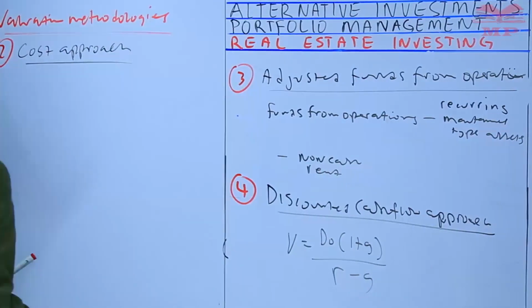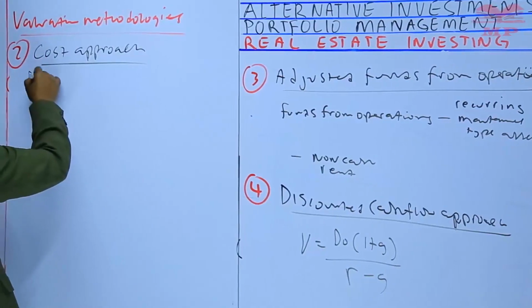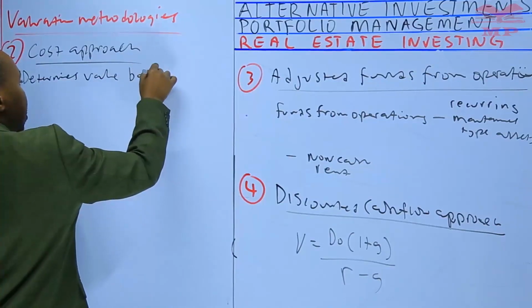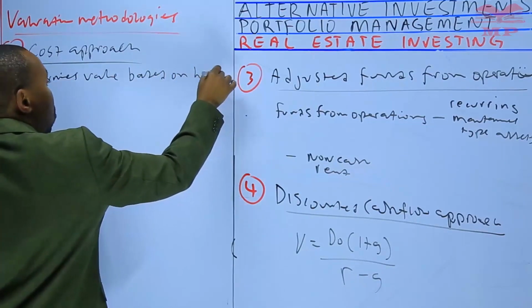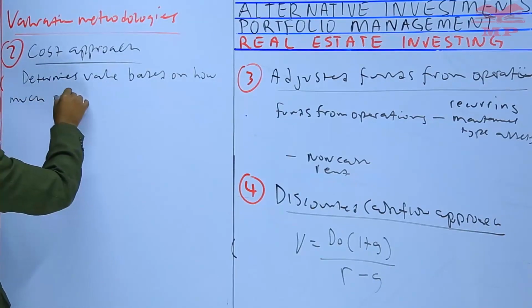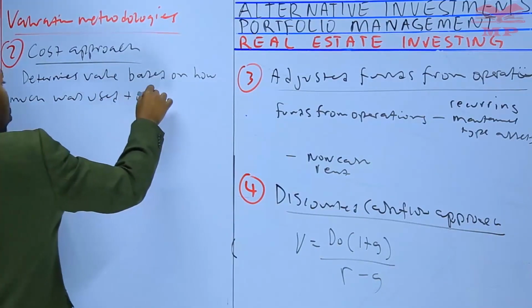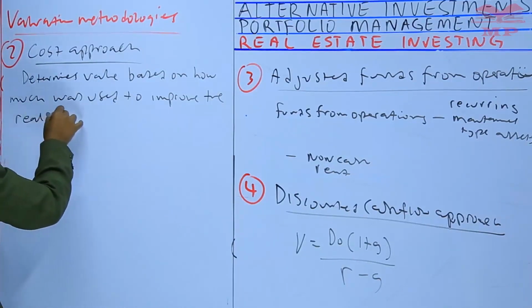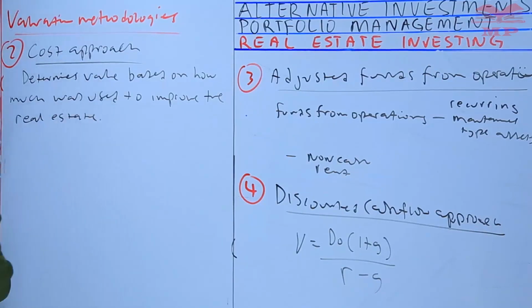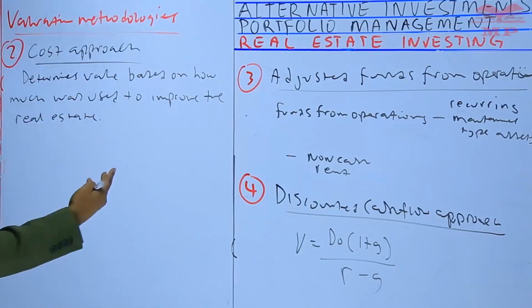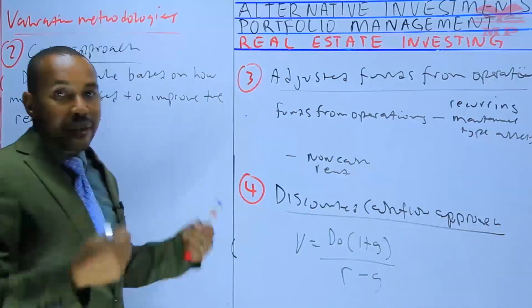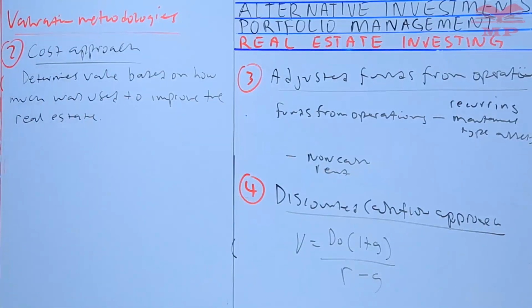The cost approach determines value based on how much was used to improve the real estate. So it's based on the cost that you have spent on improving or renovating an existing property.